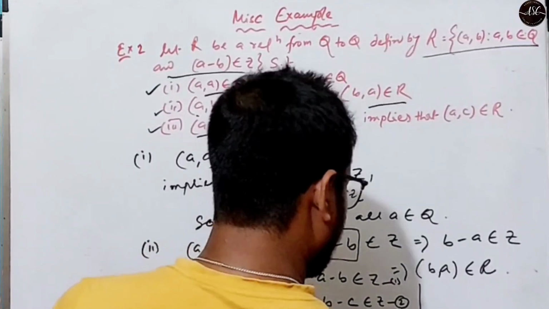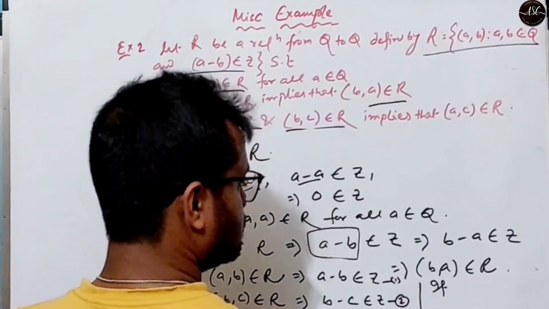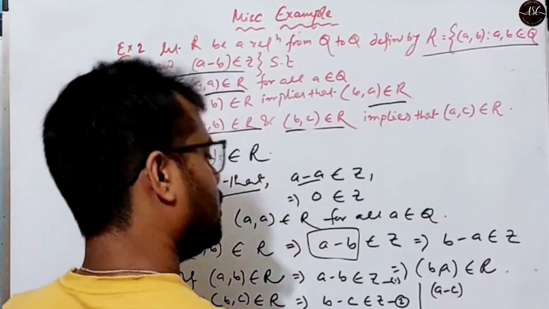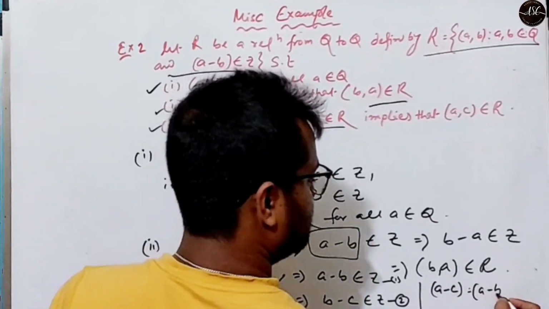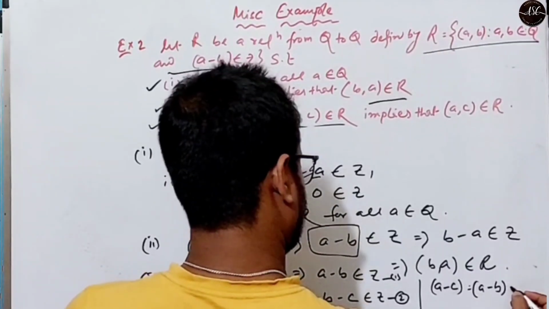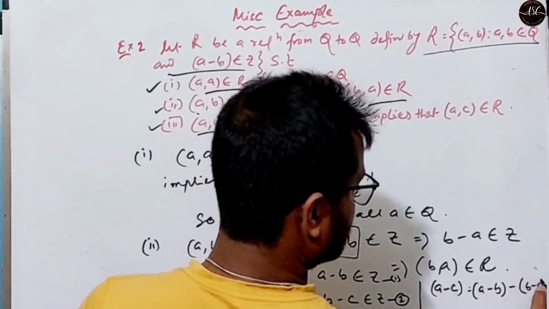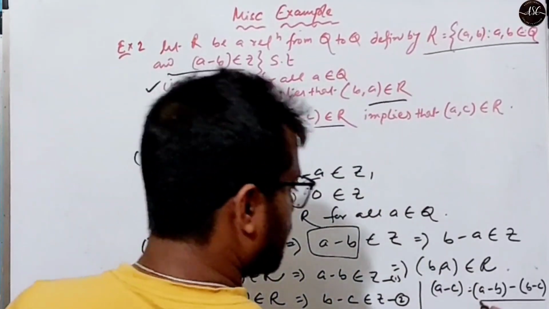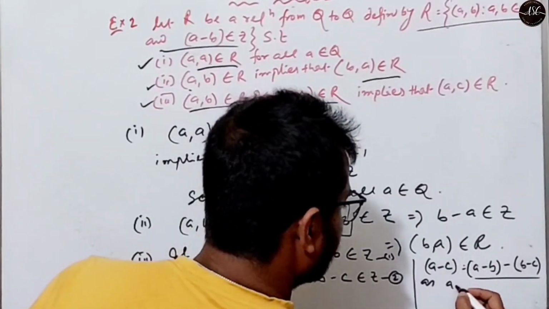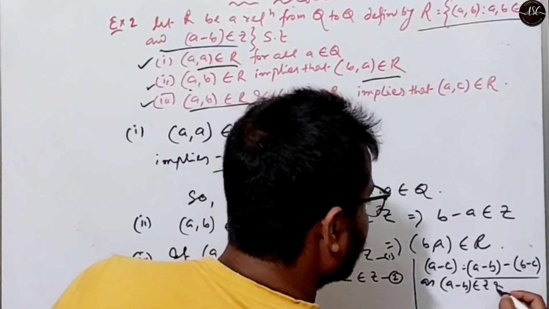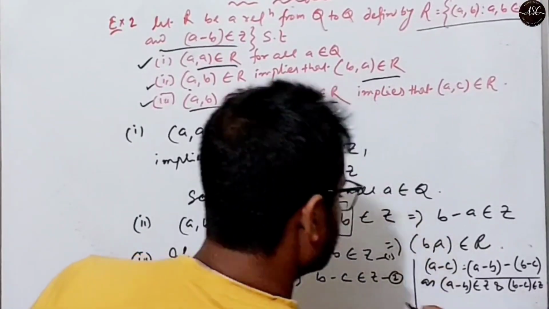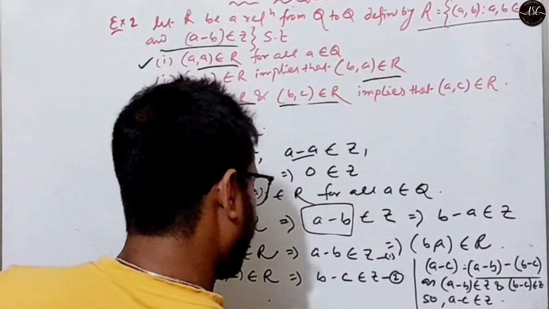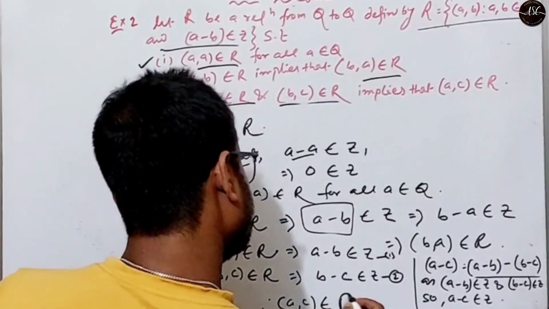Now a minus c equal to (a minus b) plus (b minus c). As a minus b belongs to Z and b minus c belongs to Z, a minus c belongs to Z, so therefore (a, c) belongs to R. Proved.